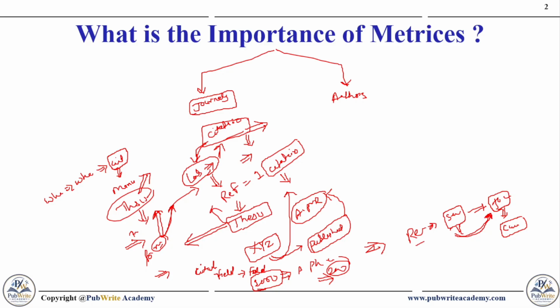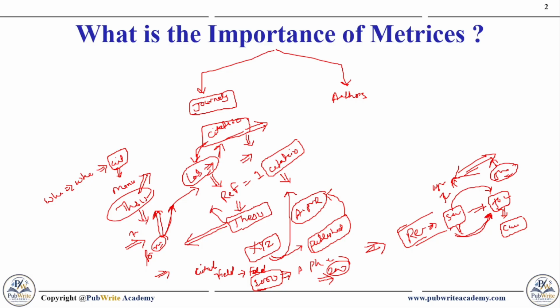These are interconnected things: once a researcher publishes a paper, it goes into the journal, and both get their metrics. Both determine how the journal is performing, how the researcher is performing, what kind of work they are doing, whether the work is real, and what kind of contribution it is giving to the scientific society.